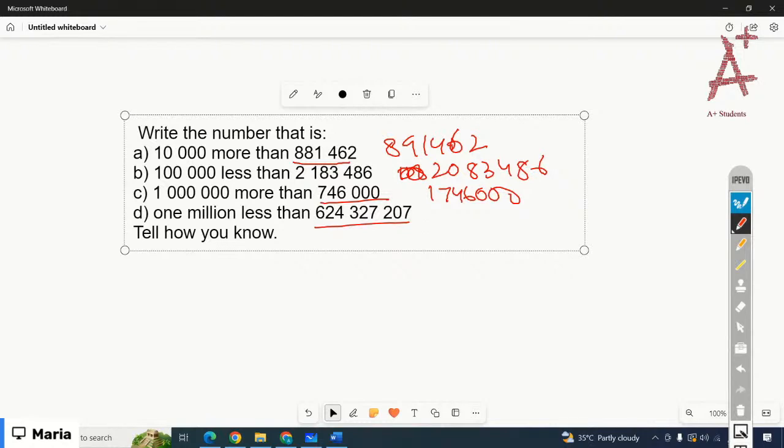So you can just subtract 1 million out of this number. 624,327,207. I'm using calculator. You have to subtract 1 million from the number, so it would be 623,327,207. You subtracted 1 from the million digit, right? Okay.